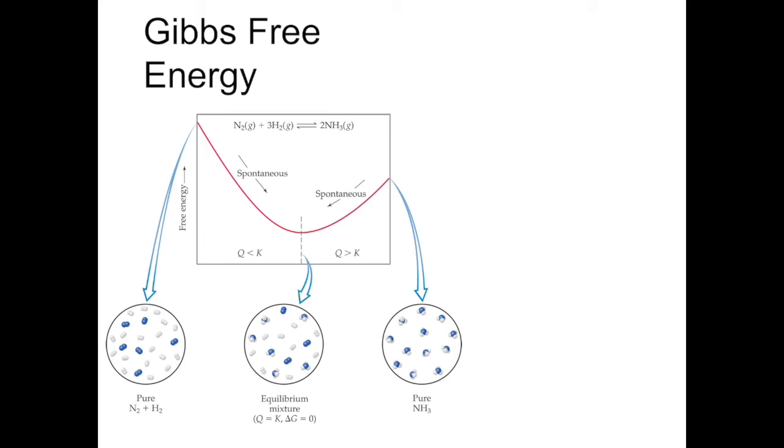So we have a couple of different situations here. We can have three values of delta G. We can have a negative value, we can have 0, and we can have a positive value. And we saw earlier that a negative delta G, a delta G less than 0, means you have a spontaneous process.